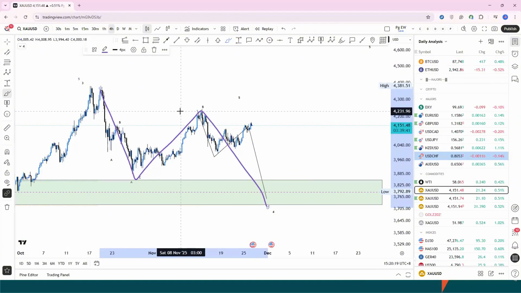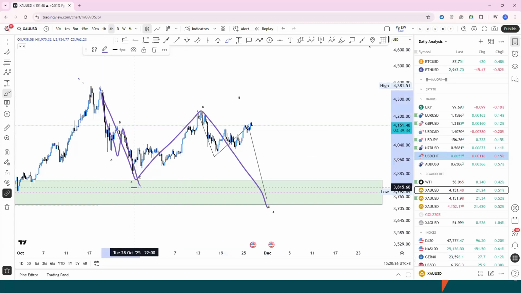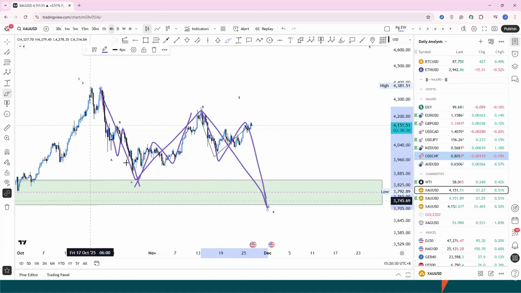And within the collective, we have 3, 3, 3, which is within one we have 1, 2, 3, 1, 2, 3, 1, 2, 3.